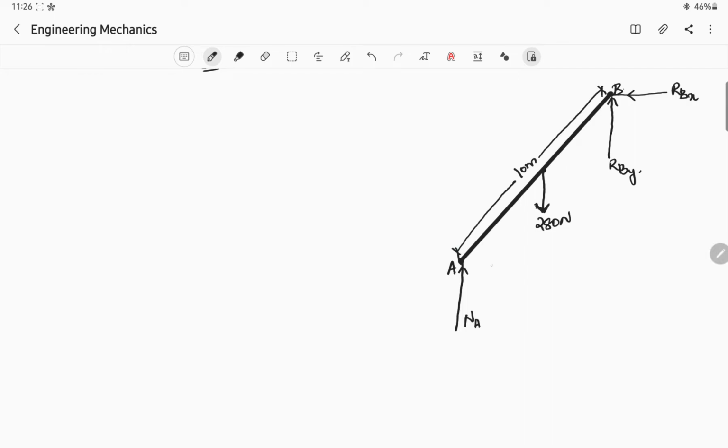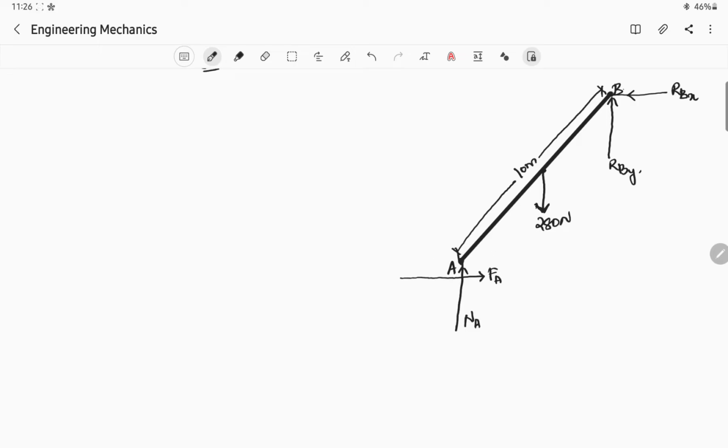Left direction. This part will move in the left direction, so the frictional force will act in the right side direction, that is Fa. Frictional force will act in this direction.